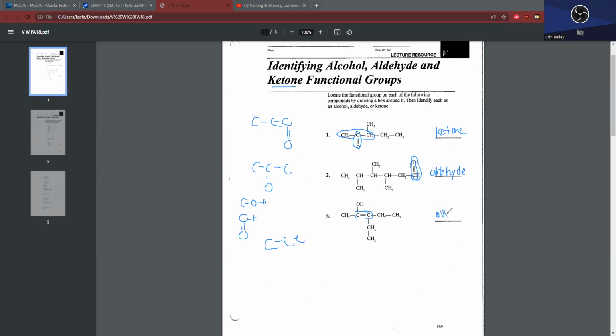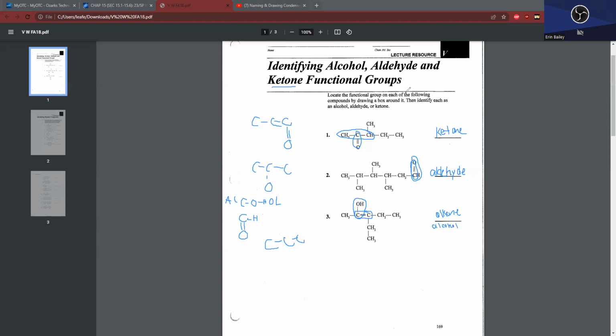But there is also another functional group in this one, which I pointed out to you earlier in the last one, the COH here. Remember what COH is? That's alcohol. And so it's going to be alkene and it's going to be alcohol.